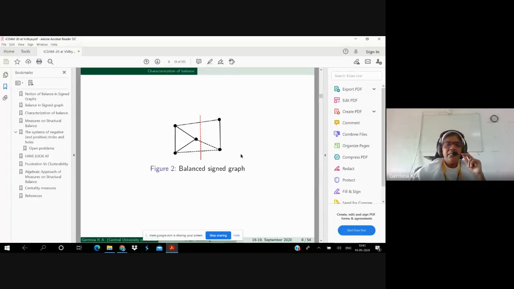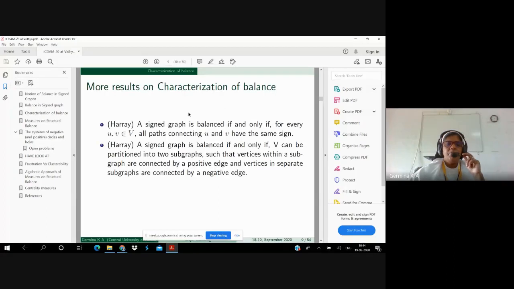So this small signed graph is a balanced signed graph. Can you divide the vertices of the given network like this, so that in each partition all the edges are positive and the interconnecting edges are all negative? Then you can say that the system is balanced.